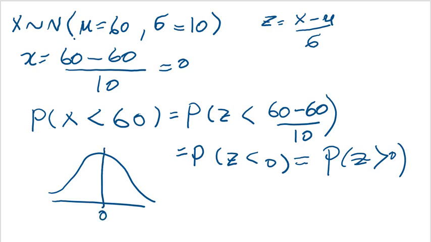Probability of z less than 0 is this bit, and probability of z greater than 0 is this bit, and each one of them is equal to 50%. Now let's go to the next slide.